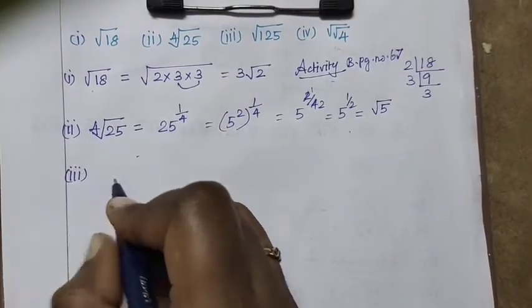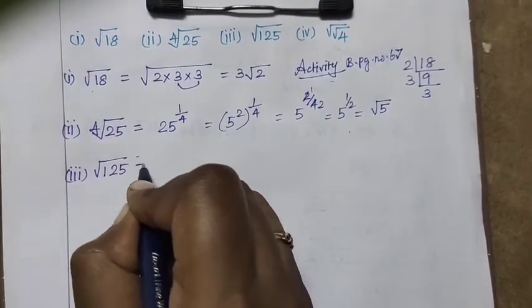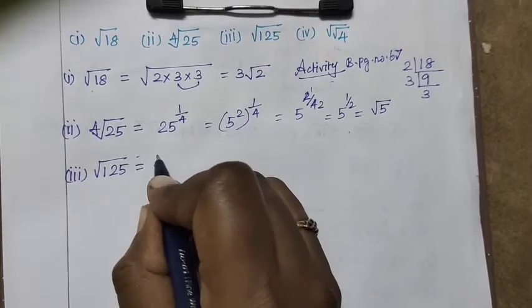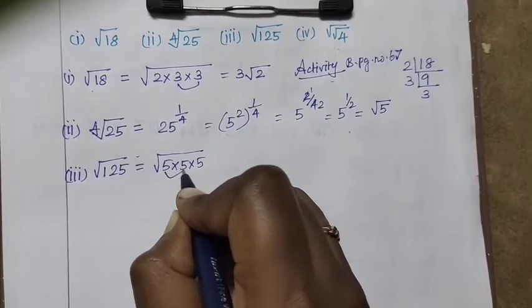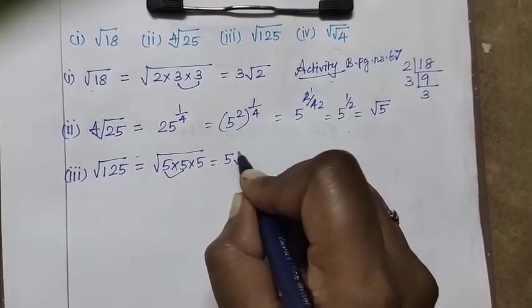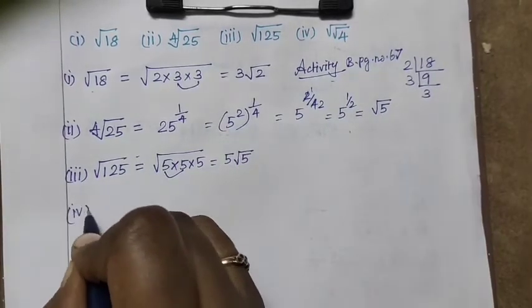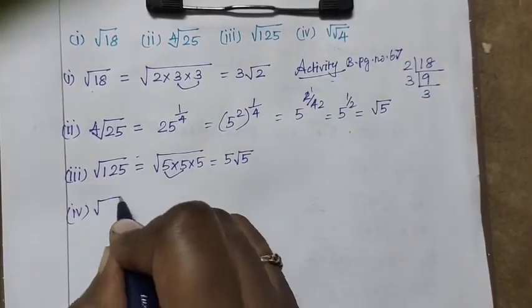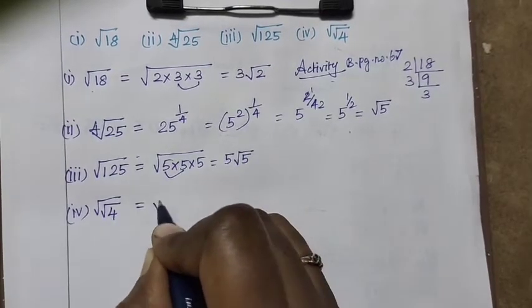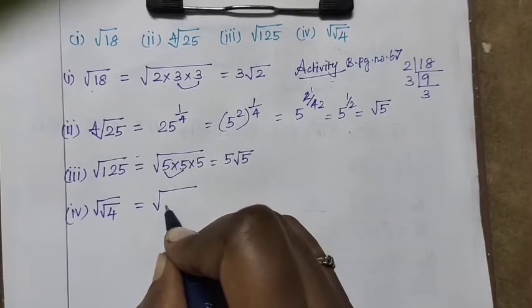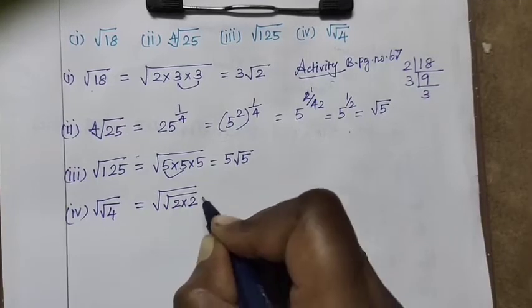So third sum, square root of 125 can be written as 5 into 5 into 5. So 5 root 5. So the fourth sum, another one, square root of 4. 2 2s are 4.